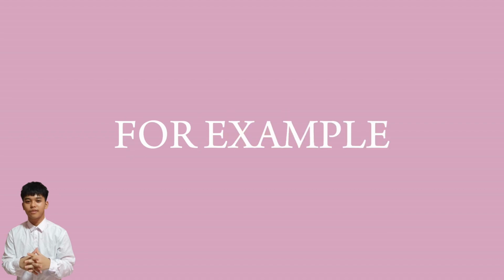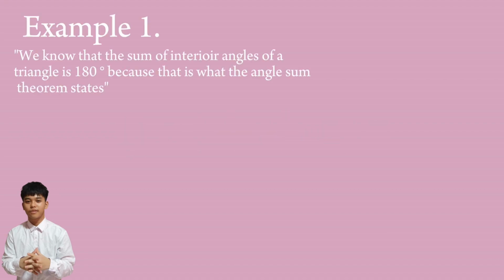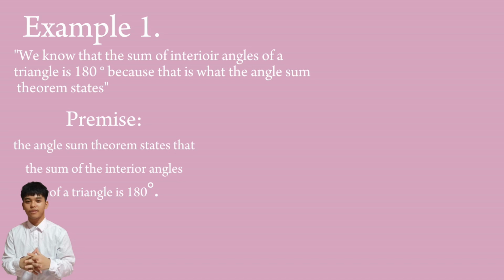So for example, we know that the sum of the interior angles of a triangle is 180 degrees because that is what the angle sum theorem states. Premise: the angle sum theorem states that the sum of the interior angles of a triangle is 180 degrees.